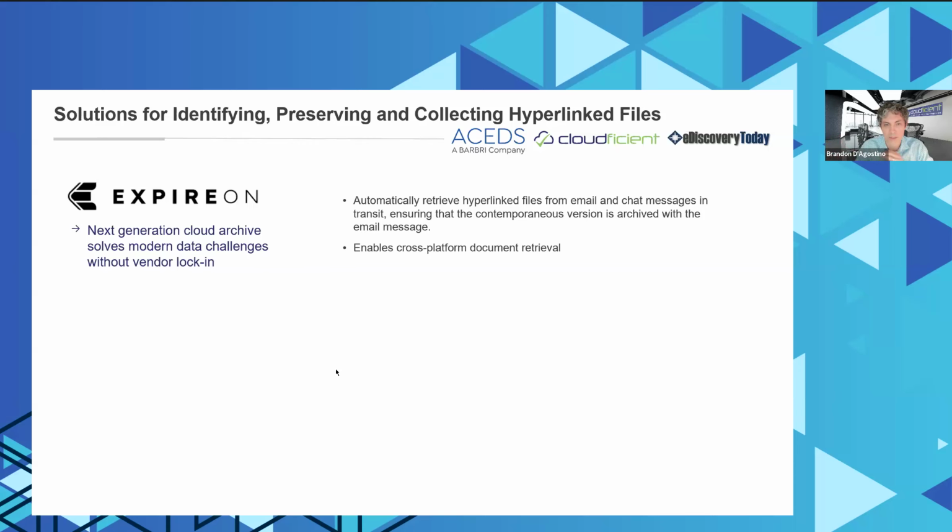So it becomes a challenge to handle this. By handling it early, you might think we're storing too much, or why do we want to make additional copies? But it ends up being less expensive to handle it on the front end than later on when you have all of these one-off workflows where you're going back and cranking up the collection and preservation machine, hoping that the documents are still there.